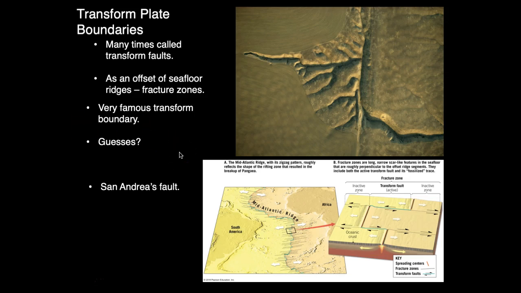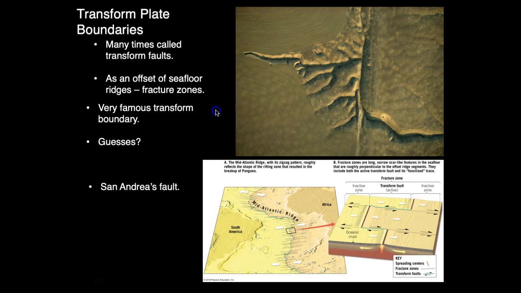So there's a very famous transform boundary that we have, and I already gave it to you in that slide. It was meant to be a surprise. But if you had any guesses, that's the San Andreas Fault, which occurs in California right now. So this is one of the ridges where you can see the fault's action pretty well in place. If you look at this feature and this feature, they used to be connected once upon a time.